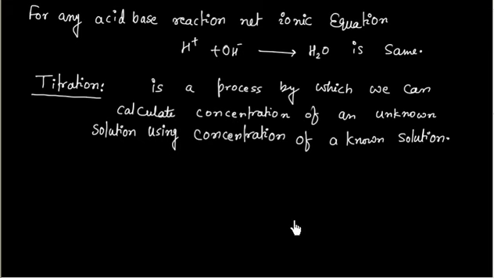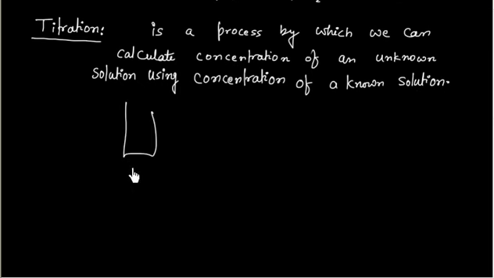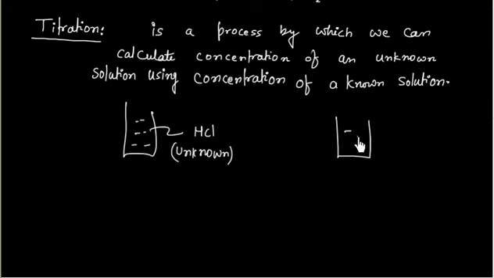So let us say I have a solution of HCl, and the concentration of this solution is unknown. Now we have another solution, let us say NaOH, but in this case the concentration is known.